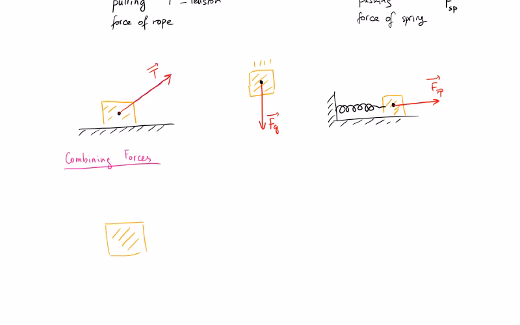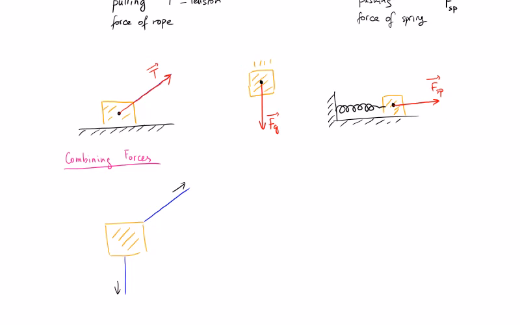If you look at a top view, this box is being pulled by one person in one direction by one rope, and another one is pulling downwards. So there are two forces apparently. Now we can represent the box, the pull is in this direction, and the other pull is in this direction.